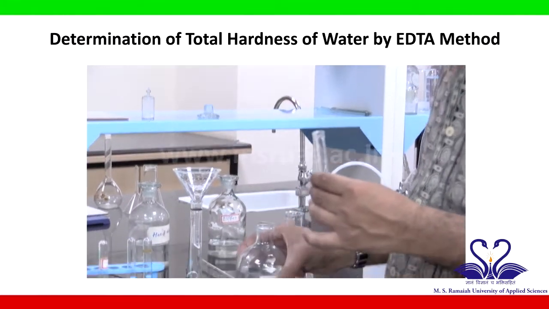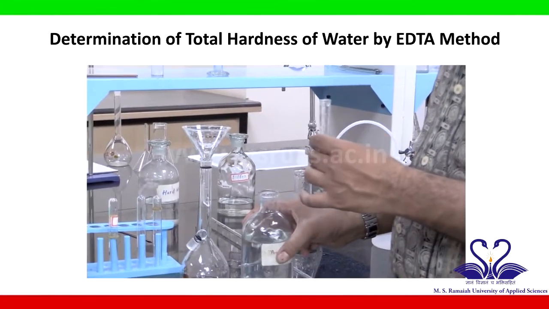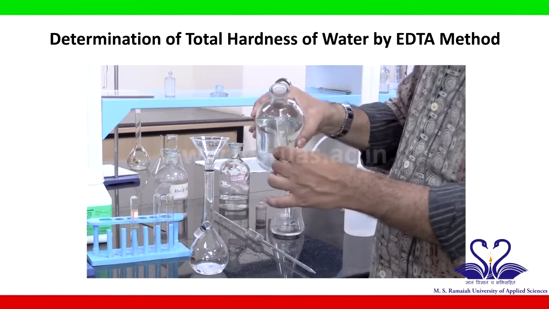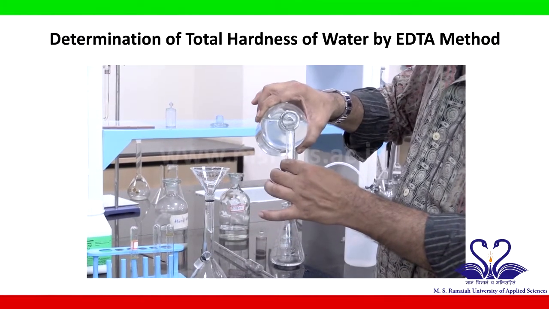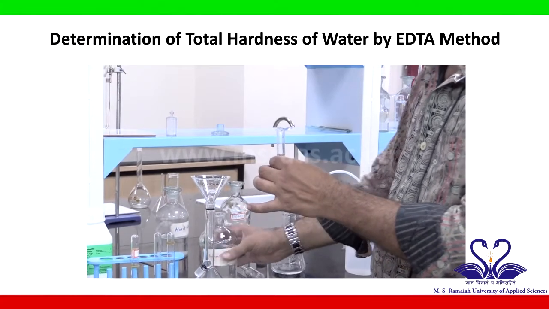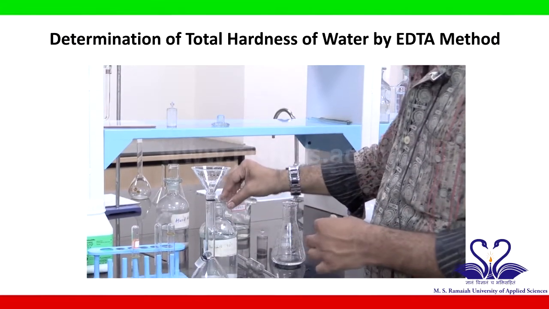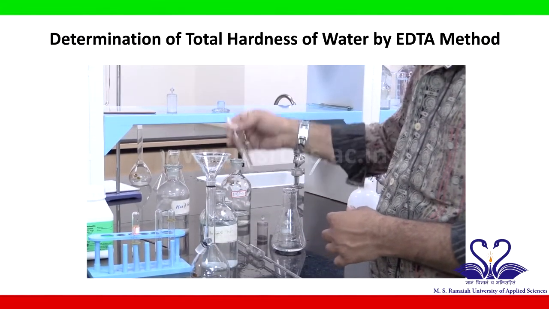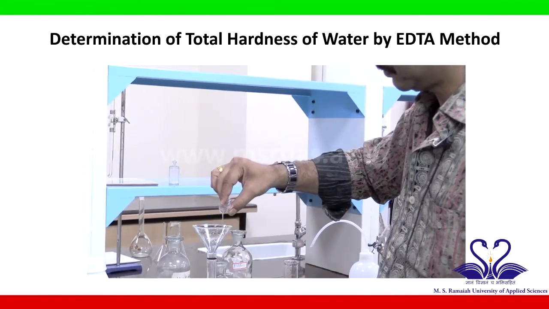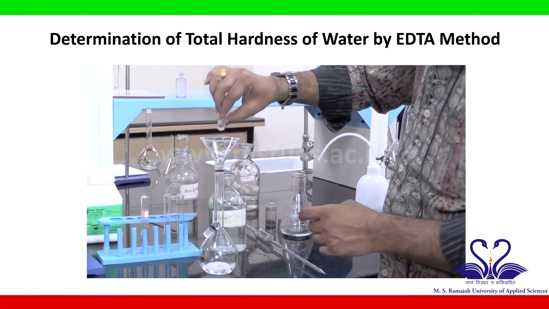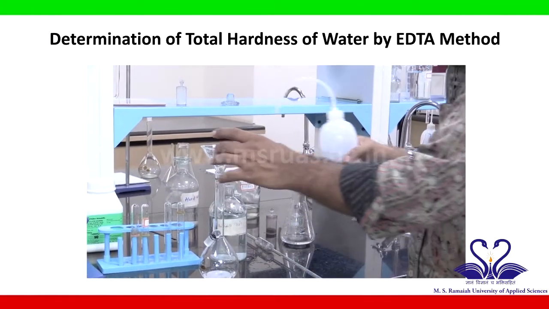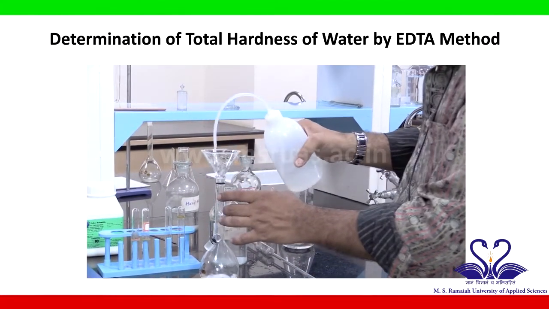Since EDTA is sparingly soluble in water, the solubility of EDTA can be increased by adding this ammonia. Approximately half a test tube of 1:2 ammonia. Then add some more water.